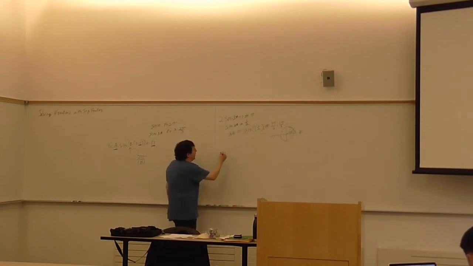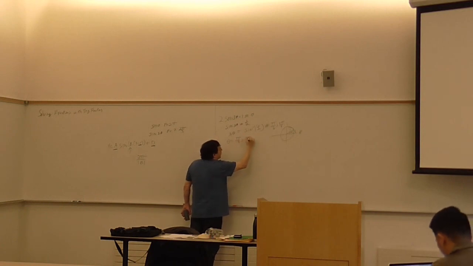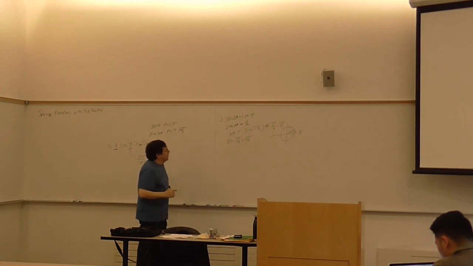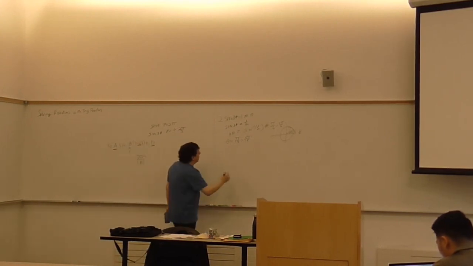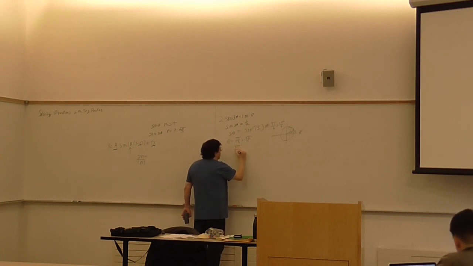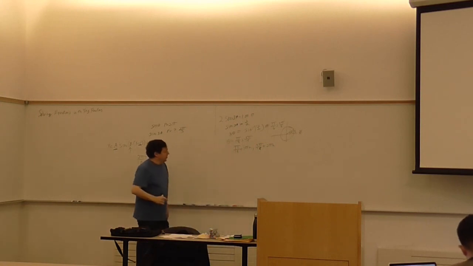It'd be tempting to say, okay, 3 theta is one of those, so theta equals pi over 18 or 5 pi over 18. And then you might be tempted to say, yeah, so it's pi over 18 plus 2 pi n, or 5 pi over 18 plus 2 pi n. But then you would miss out on something.